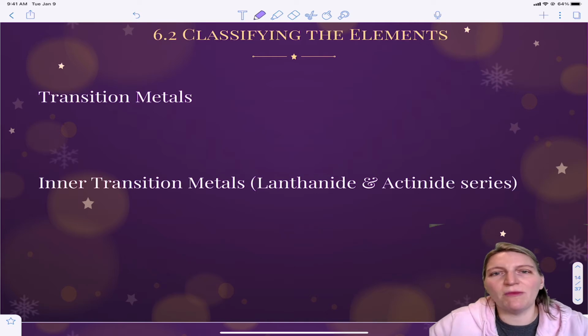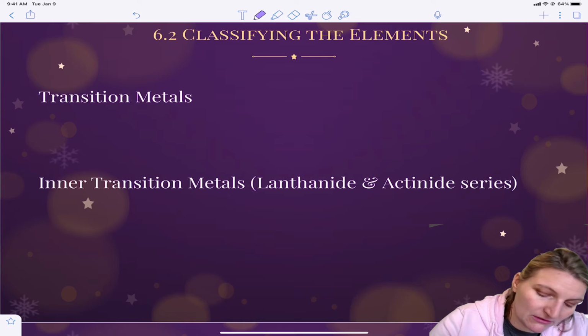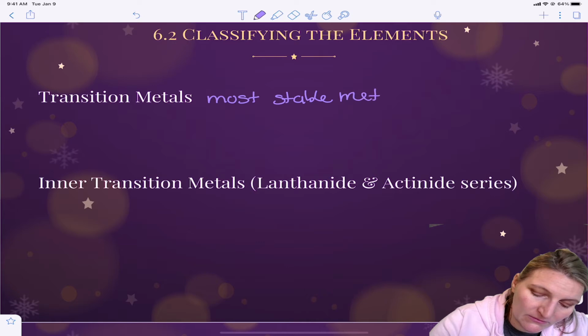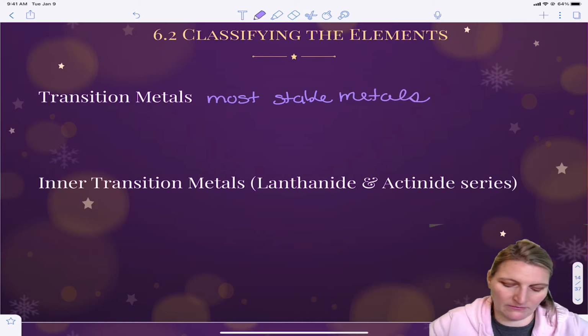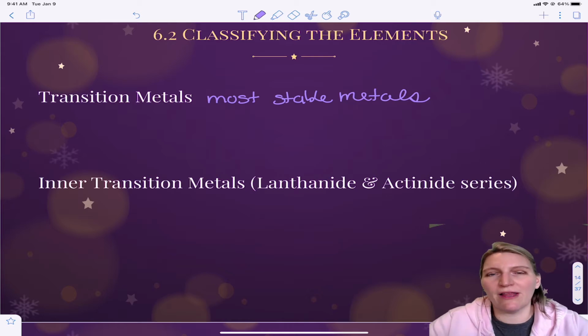And the transition metals we could classify as the most stable metals. There's two other classifications of metals: the inner transition metals, which consist of the lanthanide series and the actinide series.